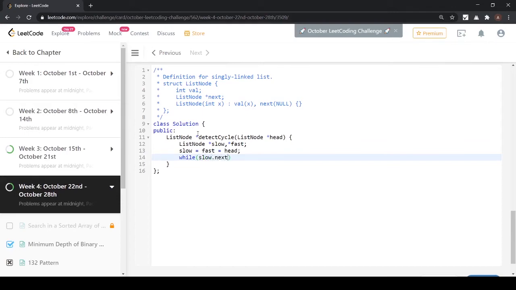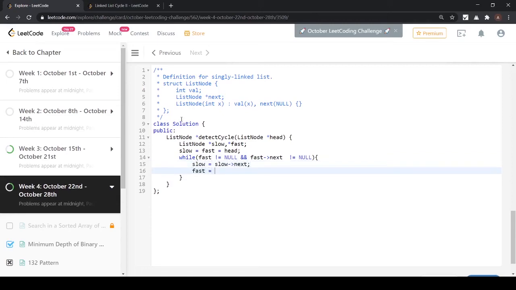Now slow equals slow next, and fast equals fast next next, because we move by two nodes.